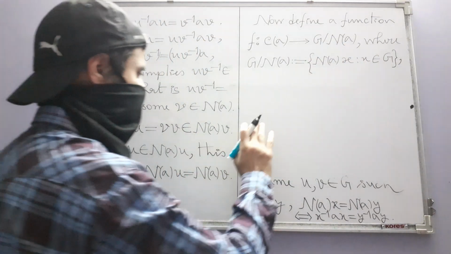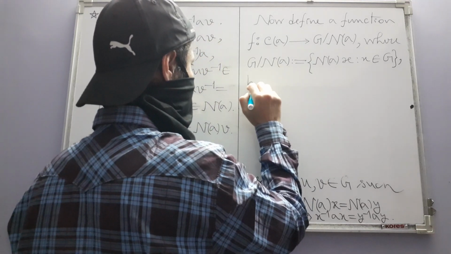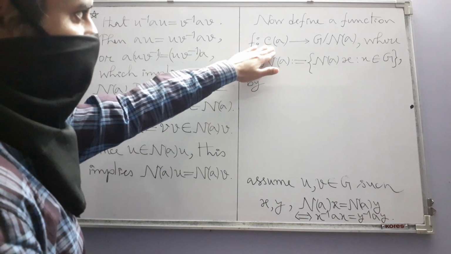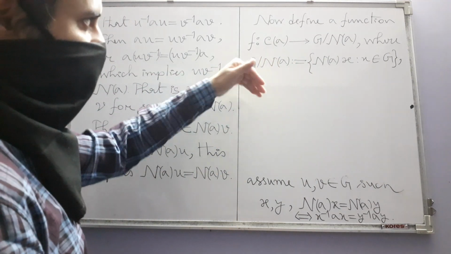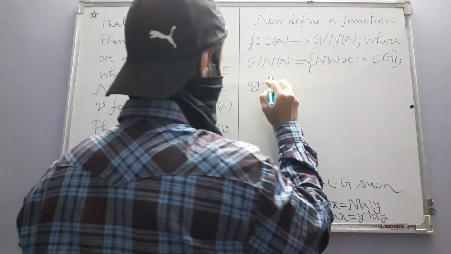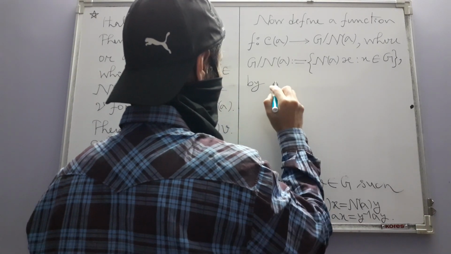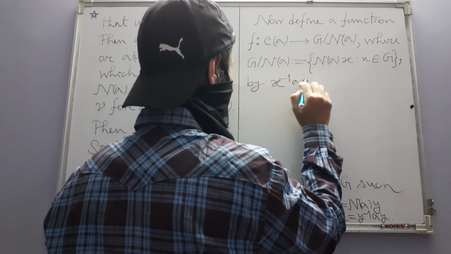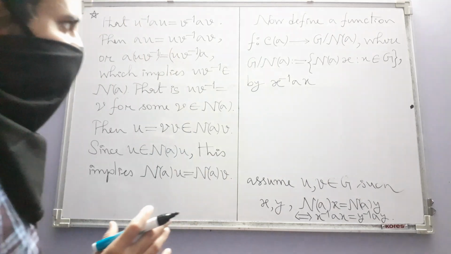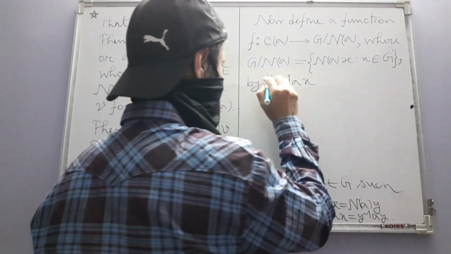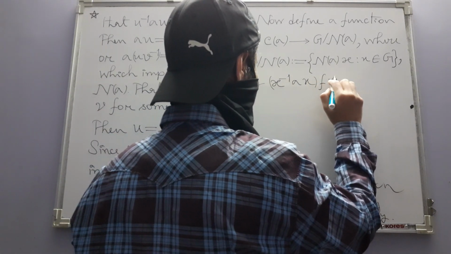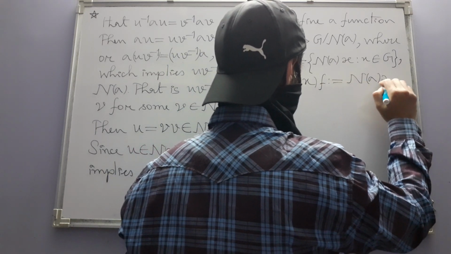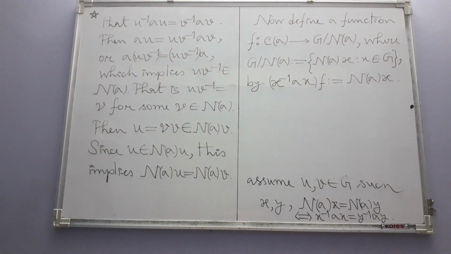Okay, now let's define the function f. If you take any element from CA, it should be a conjugate of A, and that conjugate is going to look like this: X inverse AX. That's how a general conjugate of A looks. Its F image, I am defining it to be this right coset of NA in G.